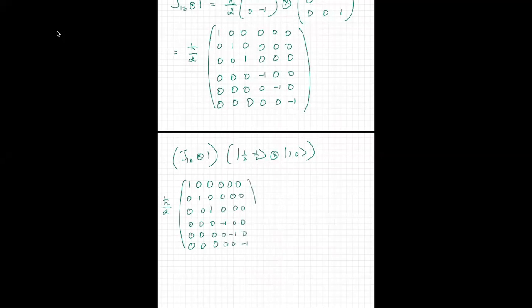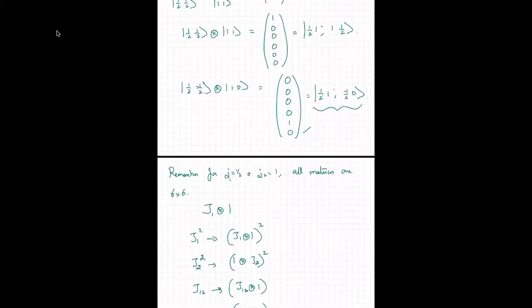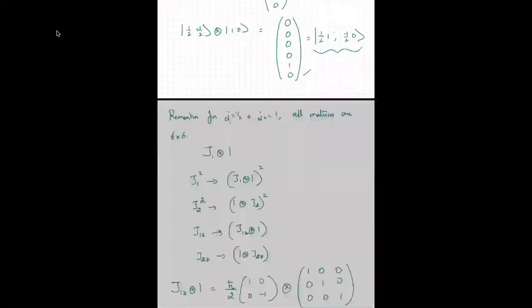So take the 6 by 6 matrix, h bar over 2, 1, 0, 0, and act it on this particular direct product of these two basis kets. The direct product of these two basis kets is this guy, right? This is 1 in the fifth entry and 0 everywhere else.